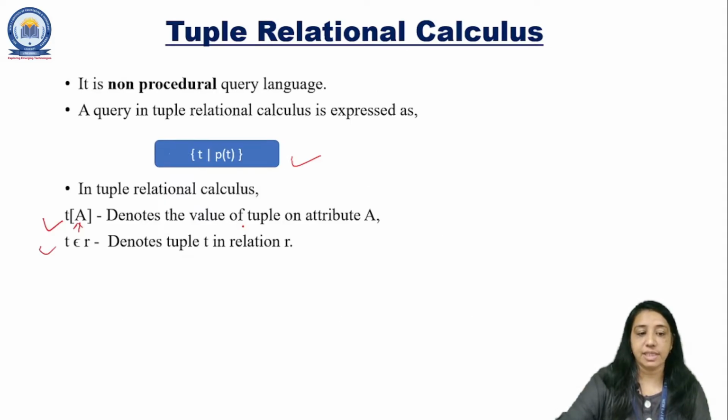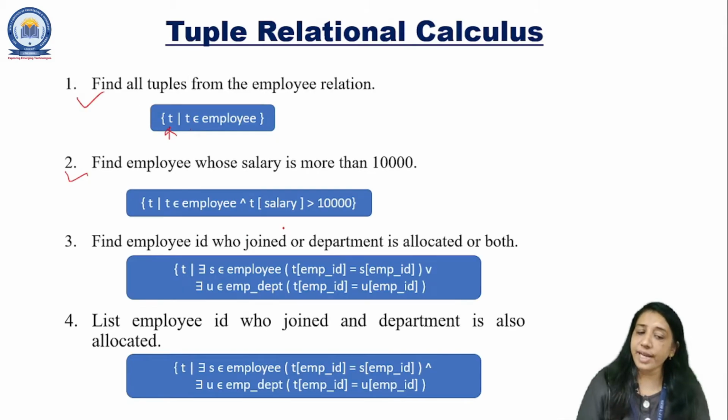As we have seen in the previous one, T[A] is the value of the tuple on attribute A. So T[salary] means the salary attribute of that tuple in the employee table, and it should be greater than 10,000. So it will list the tuples which belong to employee, but where the salary is greater than 10,000.